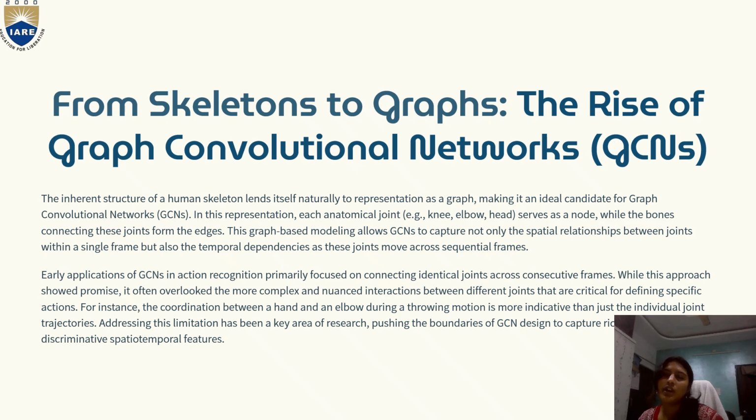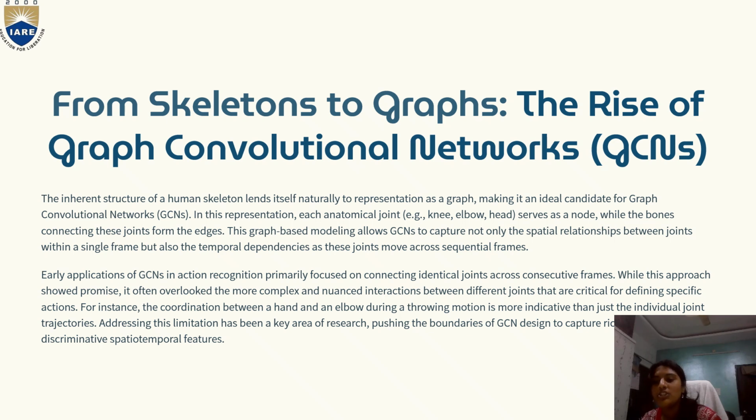From skeletons to graphs, the rise of graph convolution systems. The human skeleton can be naturally represented as a graph. Nodes represent joints, and edges represent bones connecting them.